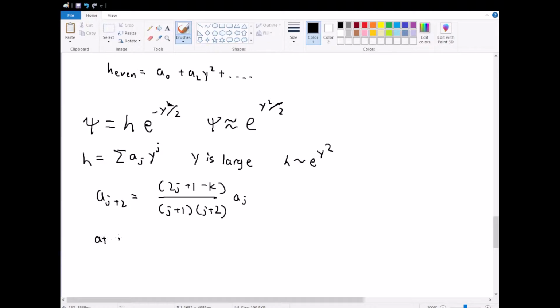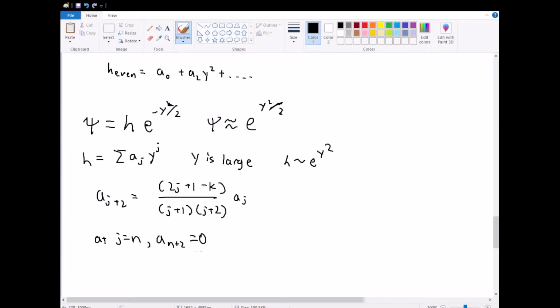So at j equals n, a of n plus 2 is going to equal 0. And that means all successive terms in this series will also equal 0. Because if a of n plus 2 equals 0, then a of n plus 4 is equal to whatever constants this becomes times a of n plus 2. But if this is 0, then a of n plus 4 is 0, and so is a of n plus 6, etc.